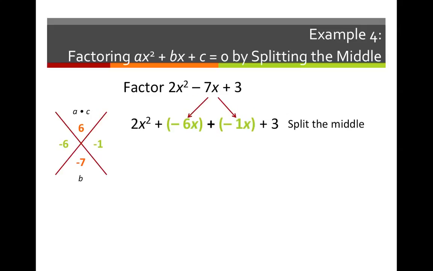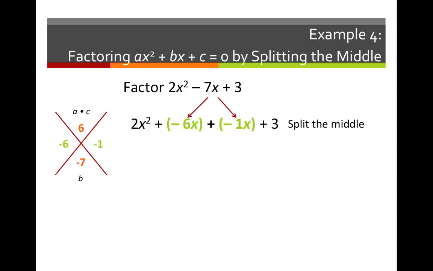So once we've established those two numbers, we now use them to split the middle. We're actually going to take the middle term of negative 7x and rewrite it as the addition of two terms that are still equal to negative 7x but written as two terms. So now we're going to have 2x squared, notice that didn't change, it's still the first term, plus a negative 6x plus a negative 1x, that's the splitting of the middle, plus the 3 that's at the end.